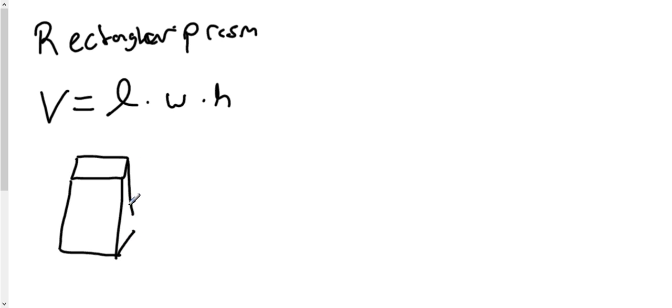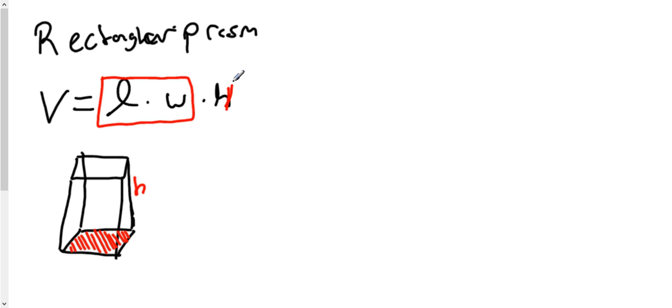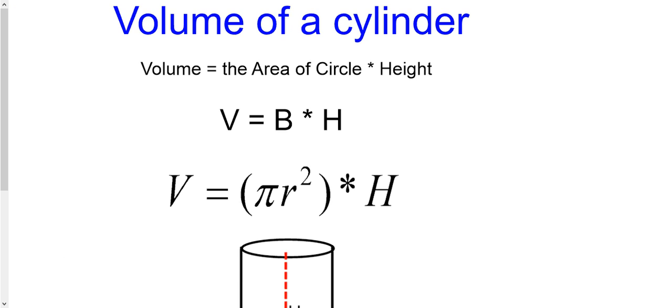Not my best drawing here. And what we do with a rectangular prism is you find the area of its base, this rectangle, and the area of the rectangle is that length times width, and we multiply by the height of the prism, or the distance between the two bases. Cylinder is about the same thing.